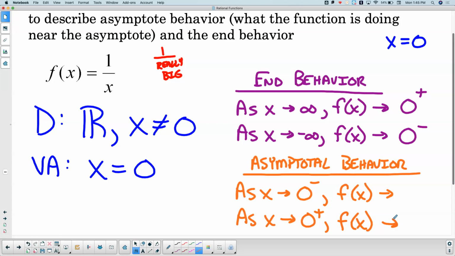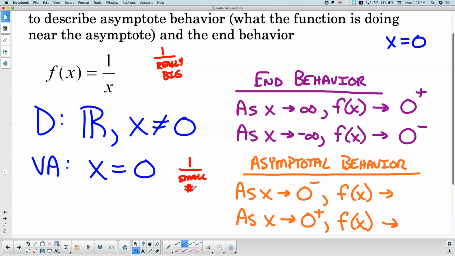So, as x approaches 0 from the left, my numbers are negative, right? On the left side of 0, numbers are negative, and I'm getting closer and closer to 0. So my number is getting smaller and smaller, but it's negative, right? So, fractional logic says 1 over a small number is going to go to infinity.